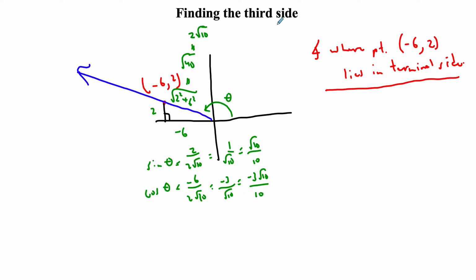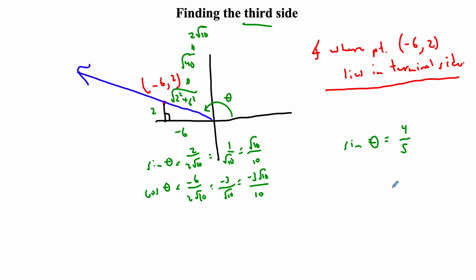So the key thing about finding the third side is the dreaded Pythagorean theorem. In certain cases, you may know something about the hypotenuse, like if someone tells you that the sine of this angle is equal to, I don't know, how about 4/5.